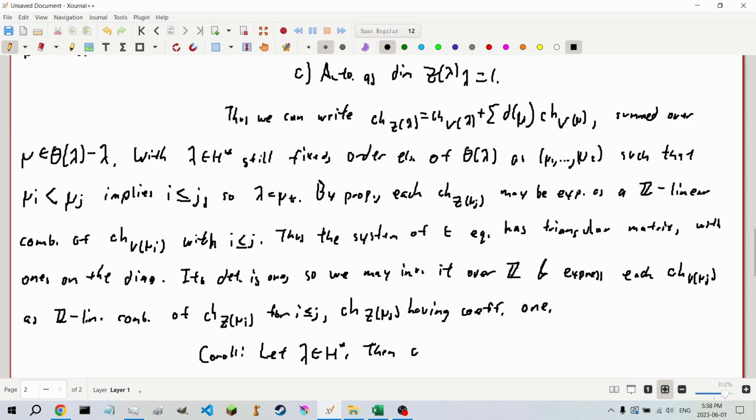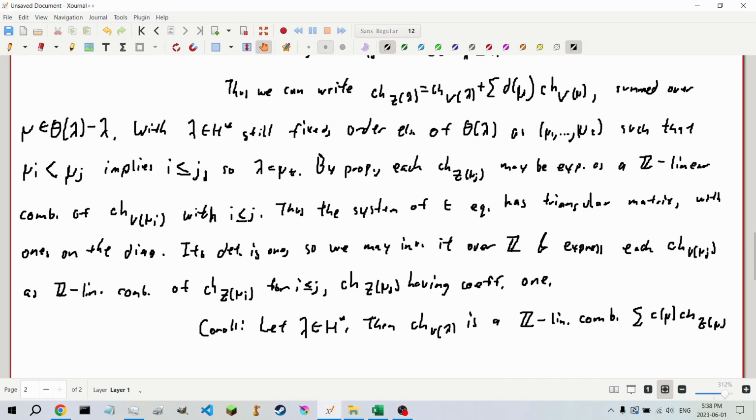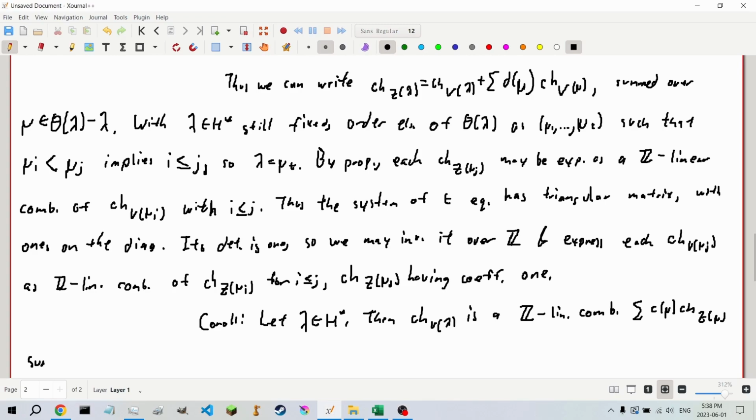Then the formal character of v lambda is, this is just restating what we have, an integer linear combination: the sum of c mu times the character of z mu, summed over, of course, mu in theta lambda, with c of lambda being just 1.